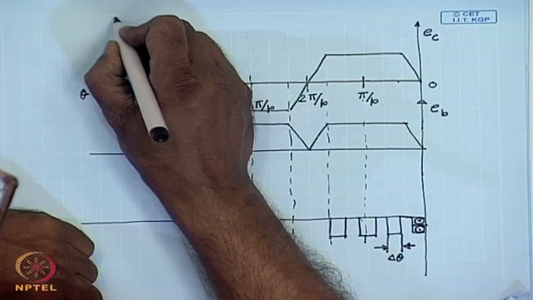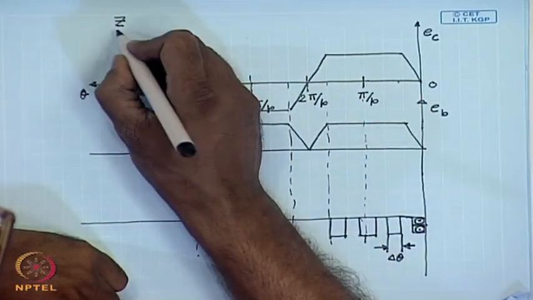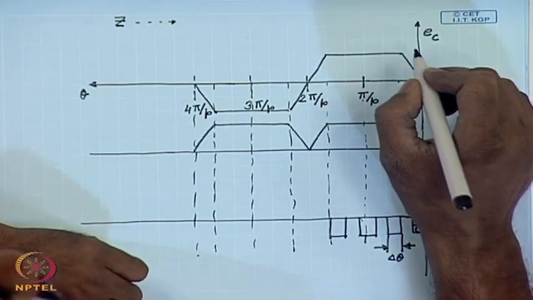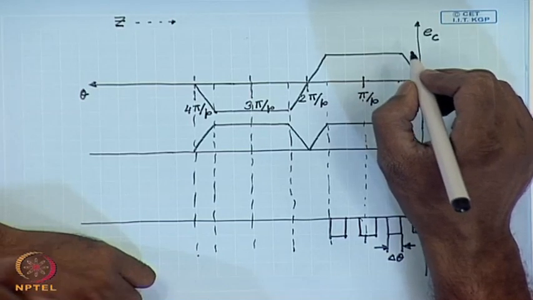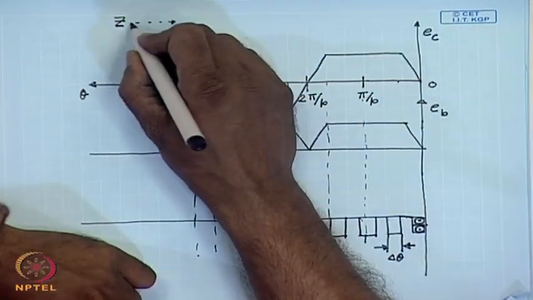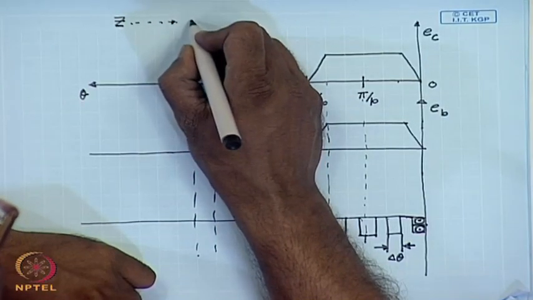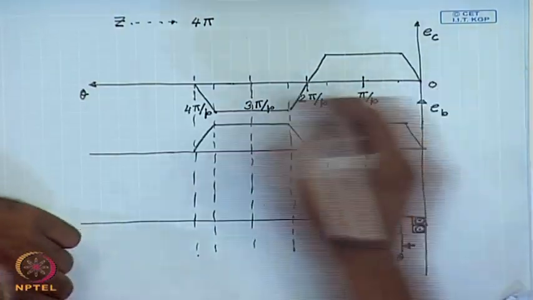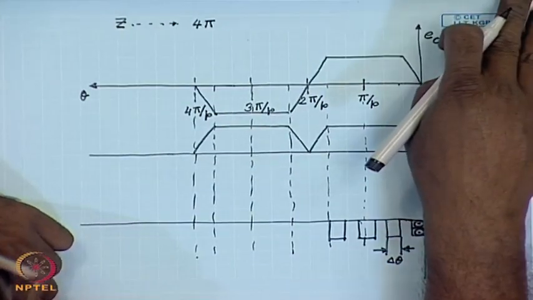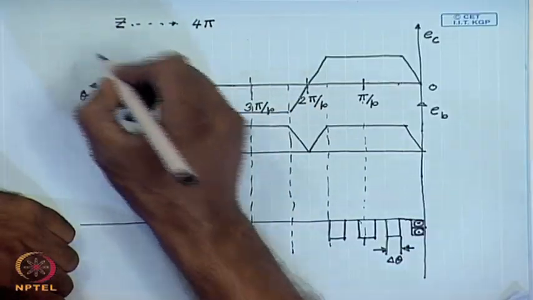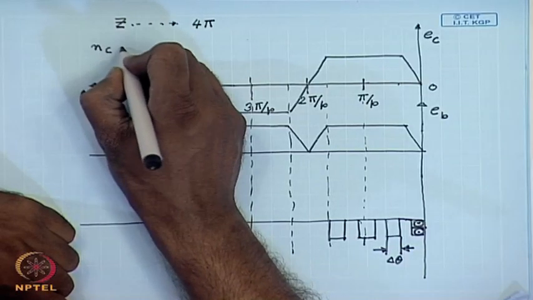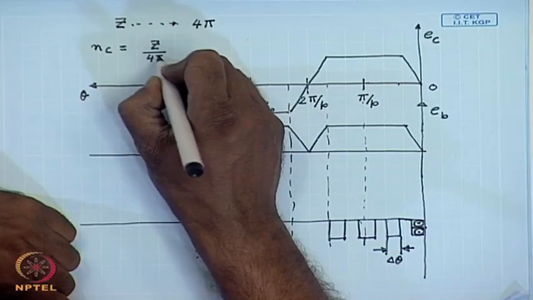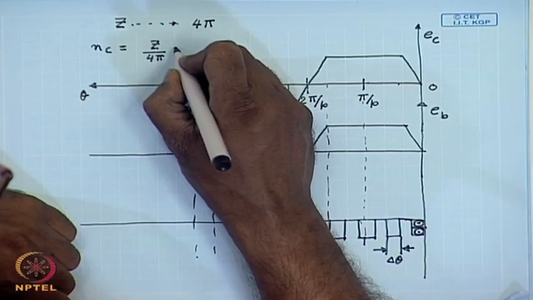Let there be total Z conductors in the armature, uniformly distributed over the armature periphery. The armature is double layer, so the Z conductors are distributed over a mechanical angle of 4 pi. The number of conductors in a coil is N C. So, N C can be written as Z divided by 4 pi into delta theta.